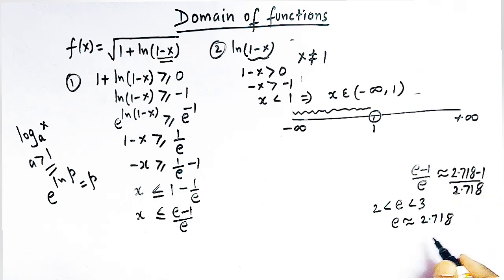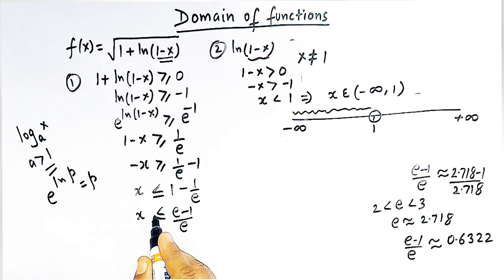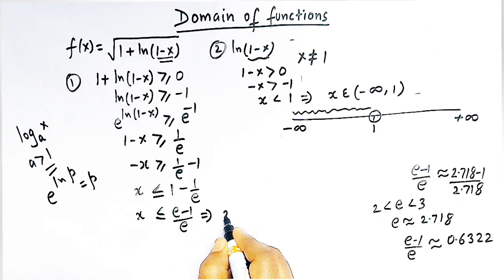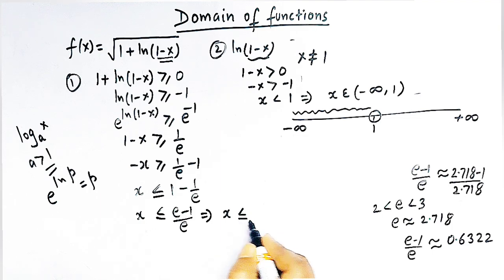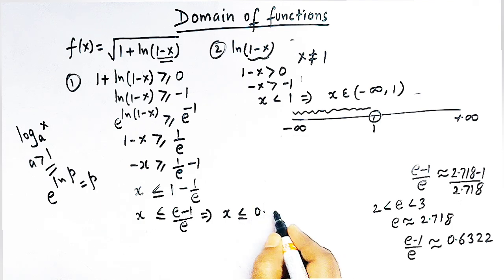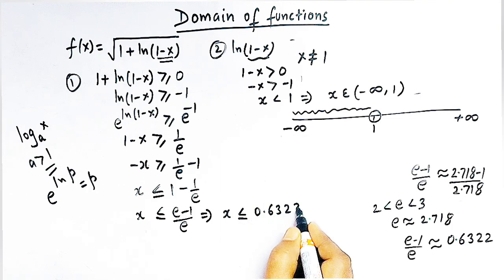So now if we calculate this expression, then e minus 1 over e is approximately equal to 0.6322, right? So x less than or equal to e minus 1 over e may be written as x less than or equal to 0.6322.